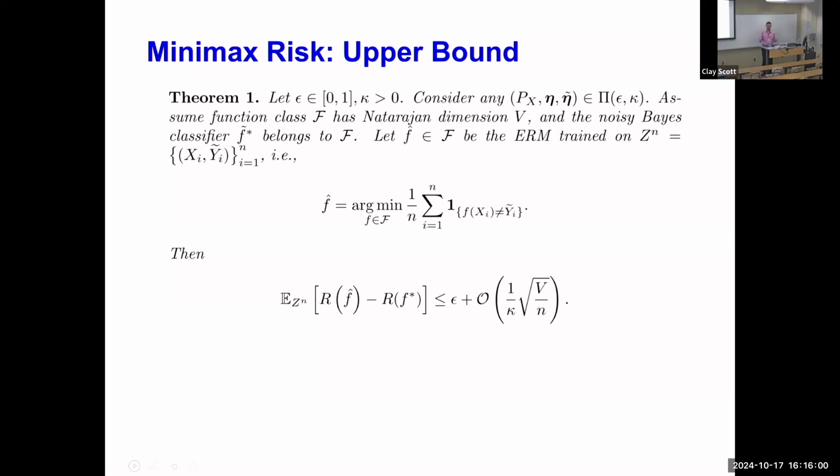Now, you may say, what is VC dimension? I don't have time to explain that, but VC dimension is a classic notion of complexity in statistical learning theory. So it basically says that the classifiers in the set F can't be arbitrarily complicated.